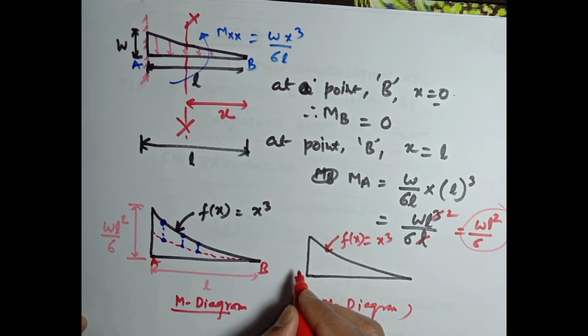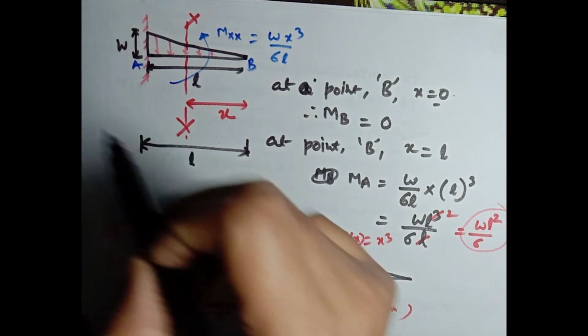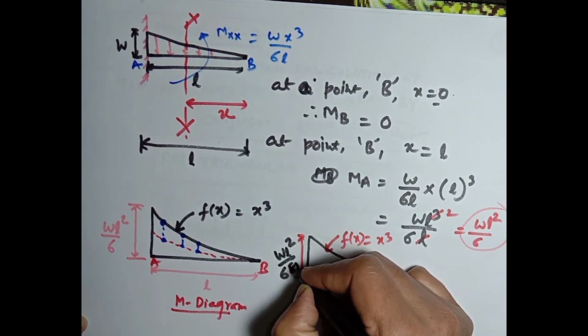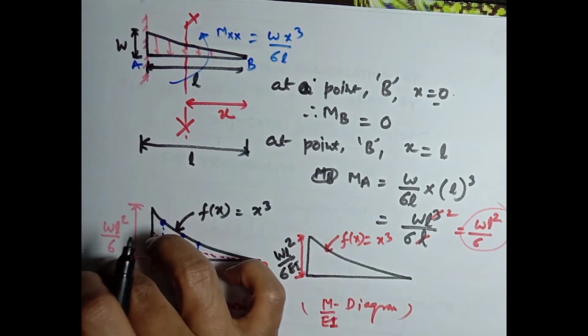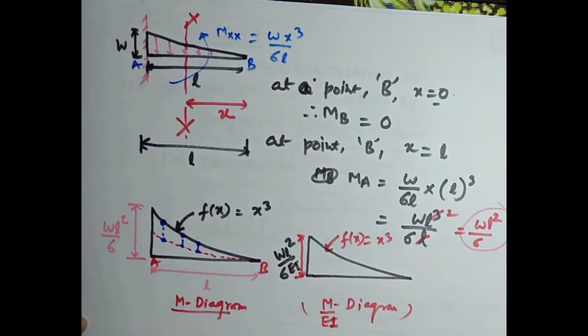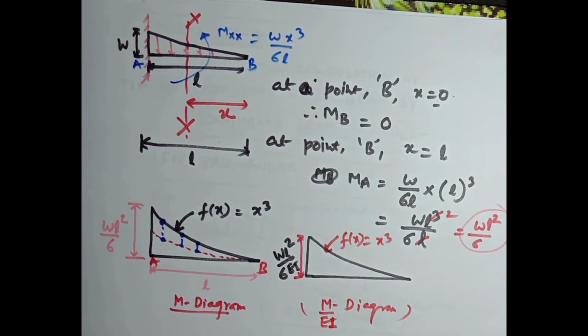Its maximum value will be WL square divided by 6 EI, as WL square by 6 is divided by EI. This is the M over EI diagram of the real beam which I have developed here.